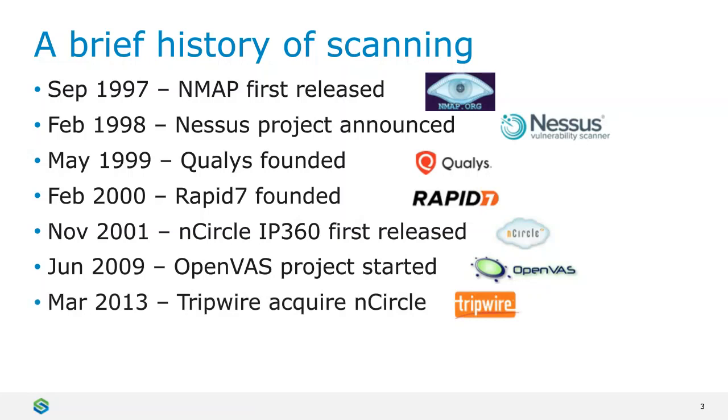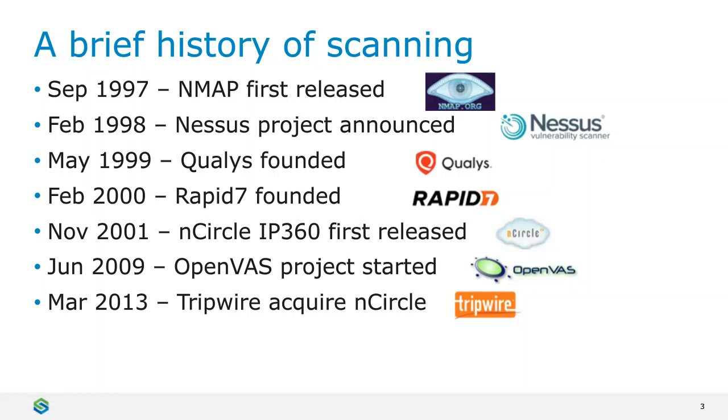So I would say in terms of what we see in the field and with customers, Nessus, Qualys, Rapid7, Tripwire, those four vendors will make up the lion's share of enterprise vulnerability scanning software. OpenVAS you may see here and there. But really those four, I would say, take up the lion's share of what we would classify as the enterprise scanning market. There's a whole load of others that are out there. But these are certainly the tier 1.